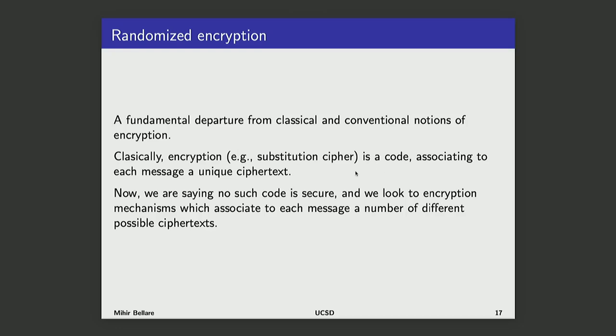Just like a substitution cipher, encryption is viewed as saying you have plain text symbols and you map them to cipher symbols. And those views always keep it deterministic. But now we're really changing that perspective. We're saying nothing like that works, and we want to do something completely different.